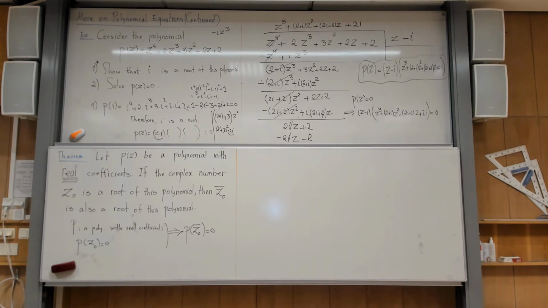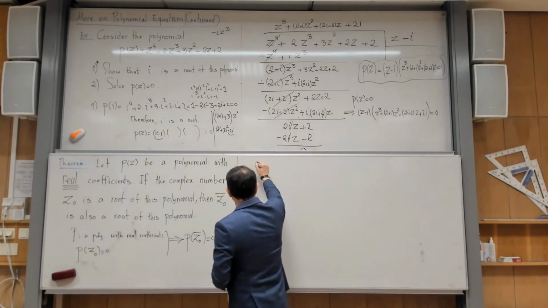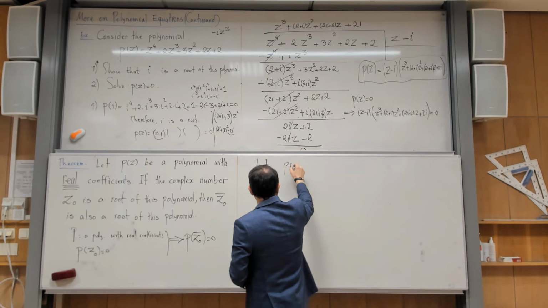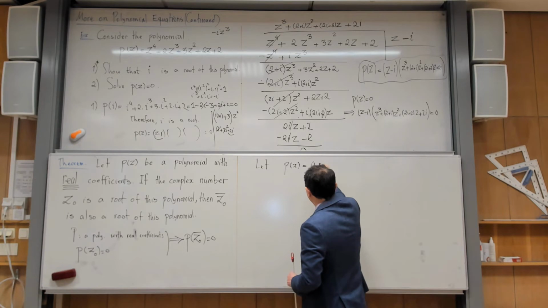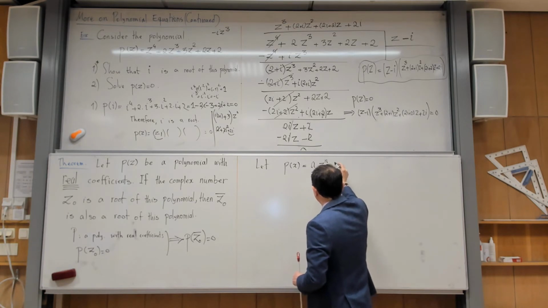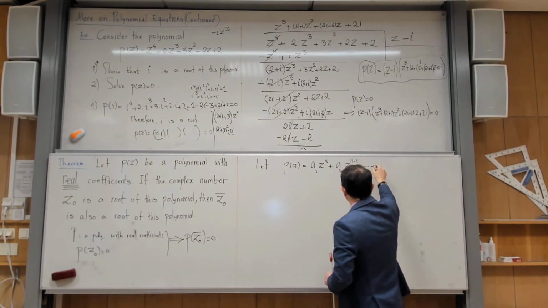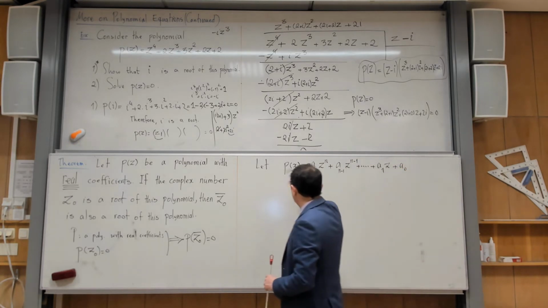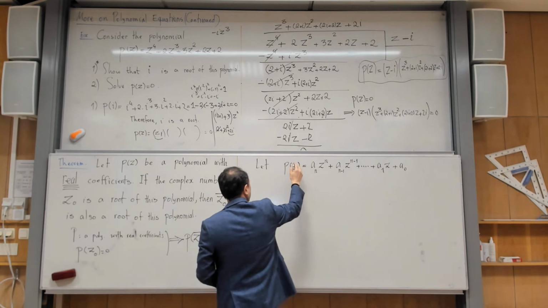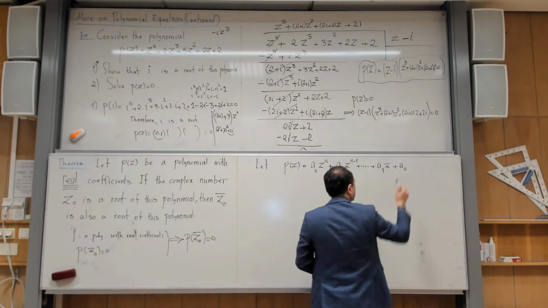Okay, first of all, let us see why this idea is correct in the first place. It's very simple to understand. If I want to prove it for you, I would say let P of z be a polynomial of, say, degree n, but with real coefficients: a_n z to power n plus a_(n-1) z to power n minus 1, continuing until a_1 z to power 1 plus a_0.